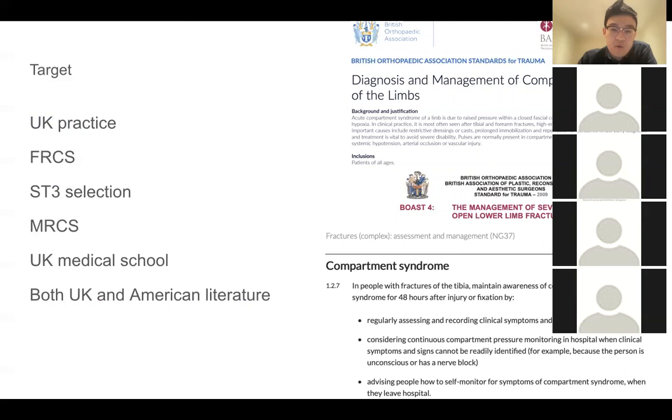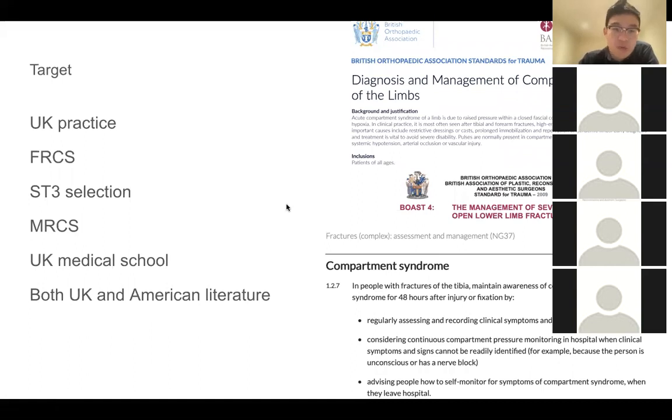And the only thing in the NICE guidelines for complex fractures is about tibias, where it says you can regularly record clinical symptoms, you should do continuous compartment pressure monitoring or consider it. They deliberately left it vague. And when you discharge the patient, you should warn them about signs of compartment syndrome.